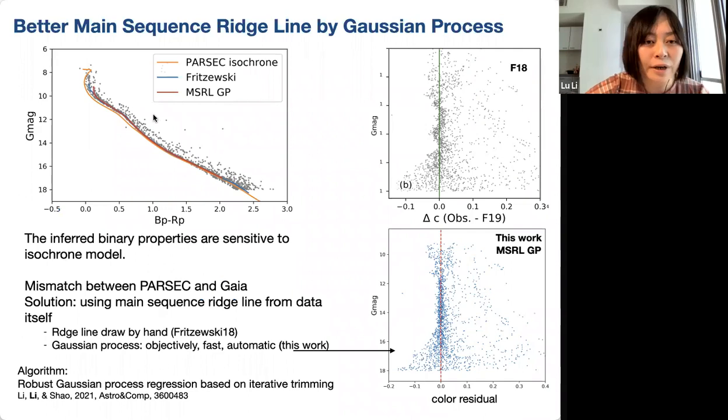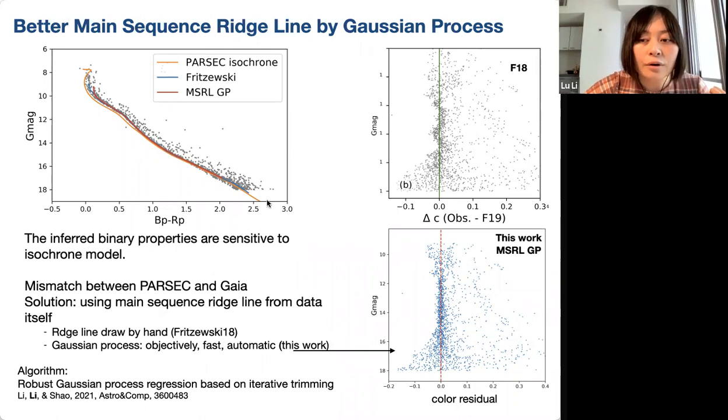We can find that the theoretical model doesn't match the main sequence perfectly, which may lead to an overestimation of the binary fraction, like in this region. We can consider these stars to be binary stars because the location of the main sequence doesn't match the isochron very well.